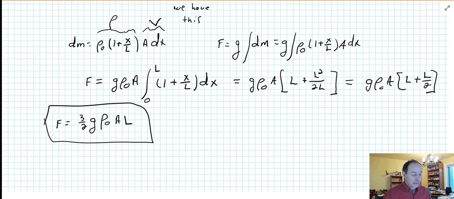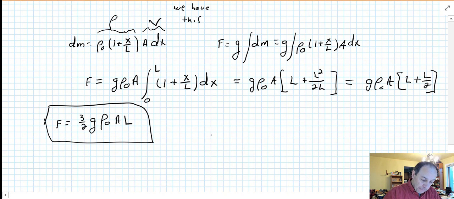Now, where is it? Where does this act? The density is not constant. If the density was constant, since it's a uniform cylinder, we would know it would act in the middle. So we go back to our expression of moment over force.